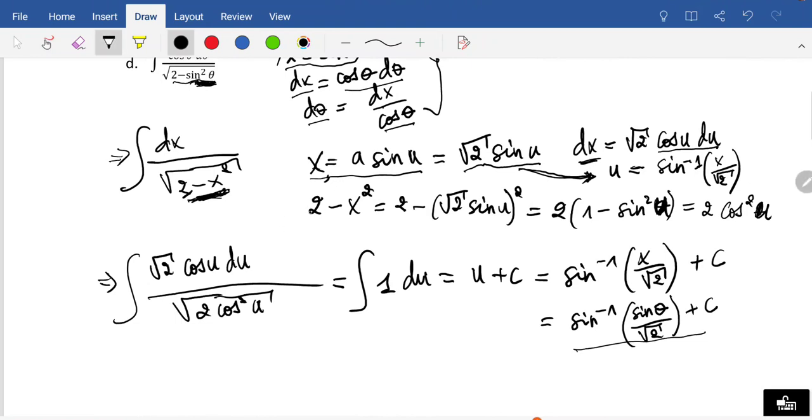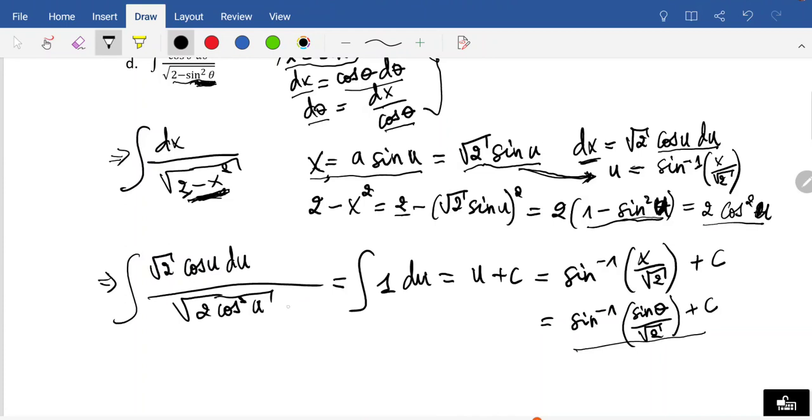In the denominator we have 2 minus x squared, which will just be equal to 2 minus root 2 sine u all squared, which is equal to 2 multiplied by 1 minus sine squared u. And we know that 1 minus sine squared u is just equivalent to cos squared. So we have 2 multiplied by cos squared u.